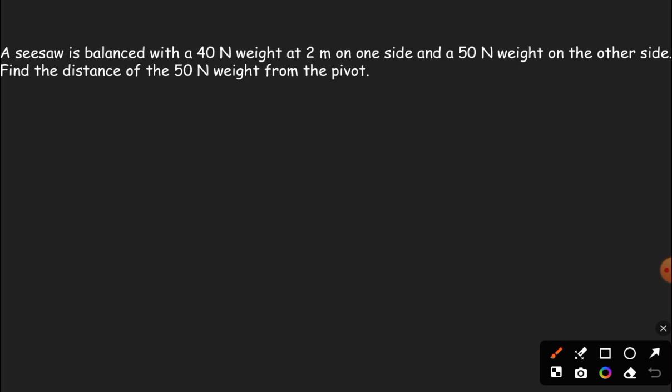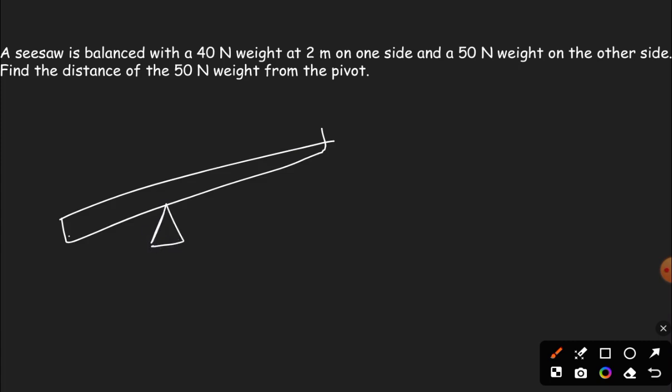A seesaw is balanced with a 40 Newton weight at 2 meters on its side. So 40 Newton at 2 meters.